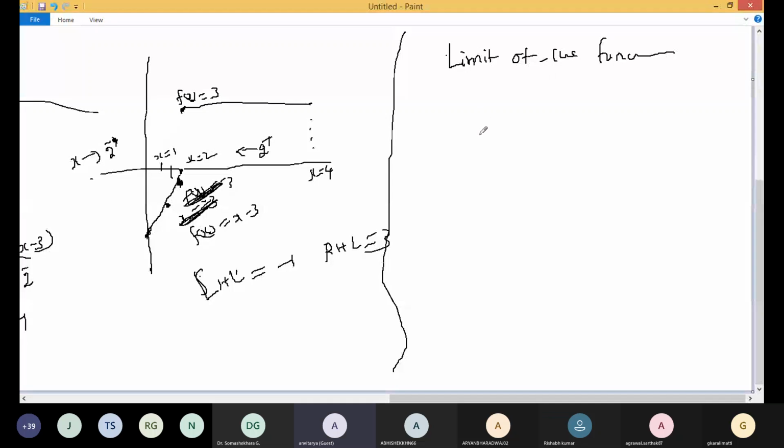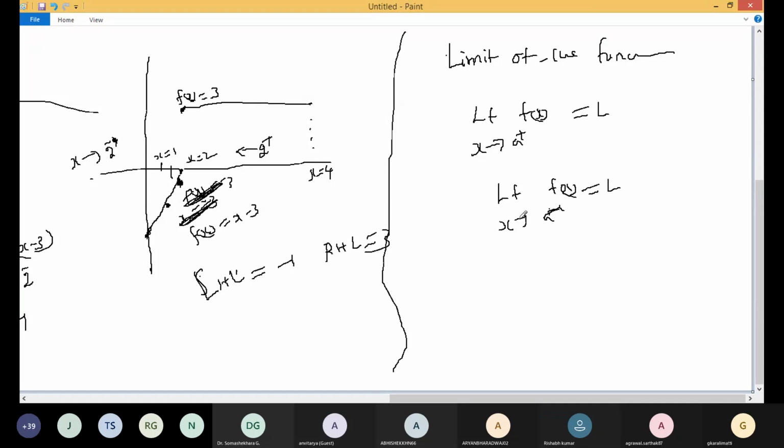See, limit of the function means here both the left hand limit and the right hand limit exist to L. This is the right hand limit, and this, with A minus on the top, is the left hand limit.